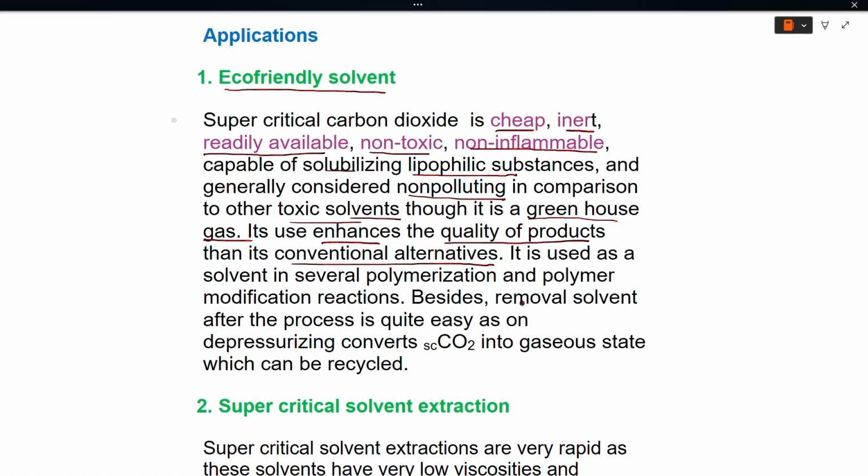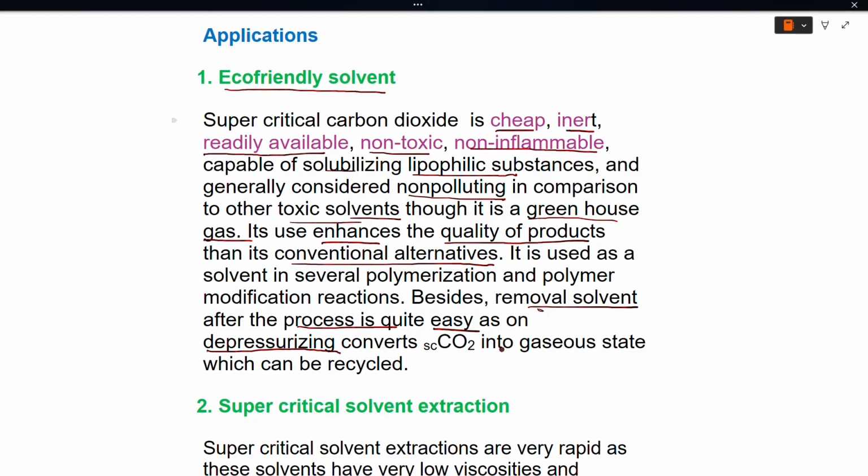So the removal of the solvent after the process is very easy, because what we have to do is depressurize, which converts the carbon dioxide into the gaseous state. Once it is in the gaseous state, it escapes from the substance where it has been extracted and you get the extracted material in pure form rather than with organic solvents.